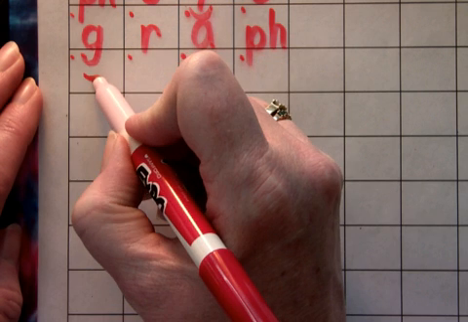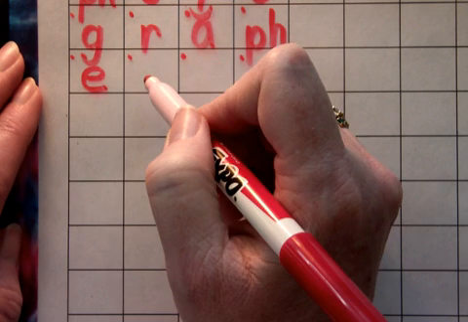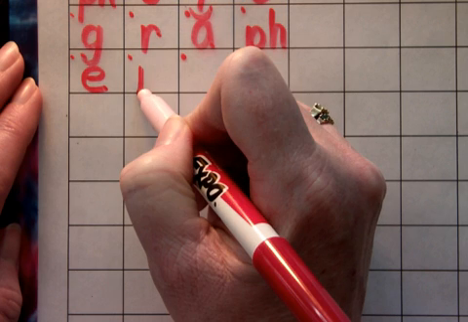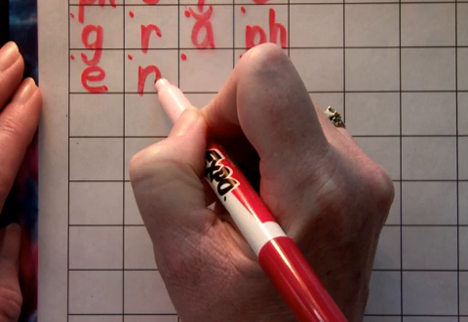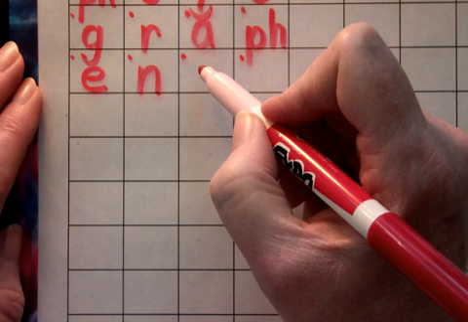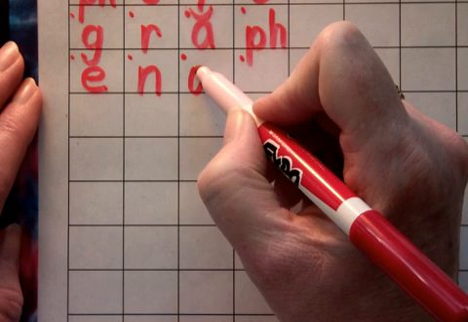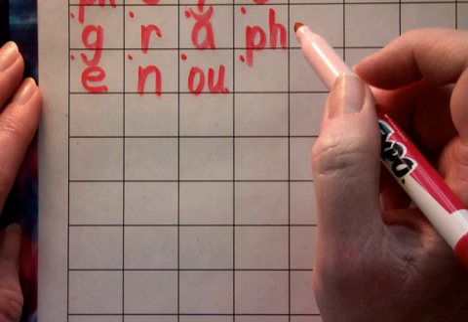E, N, F. E is the letter E. N, my tongue is up, my lips are open. It's the N. And this word is spelled with O-U.